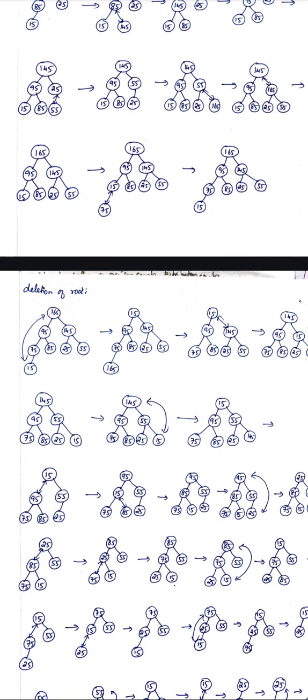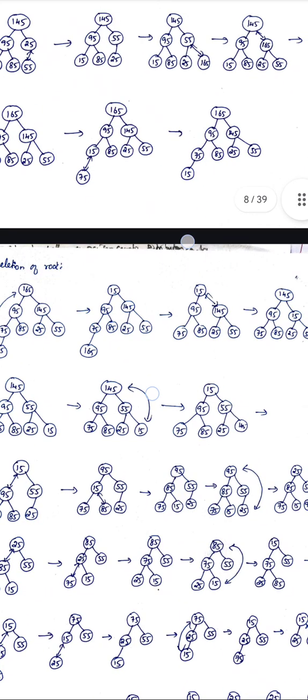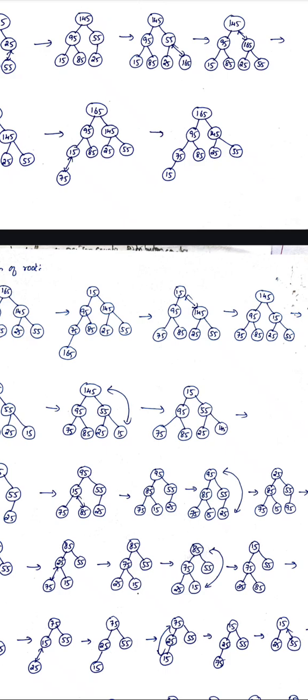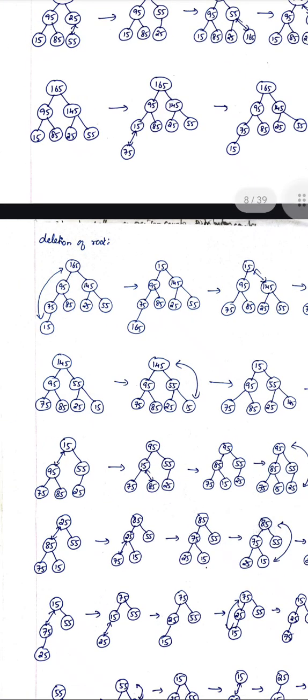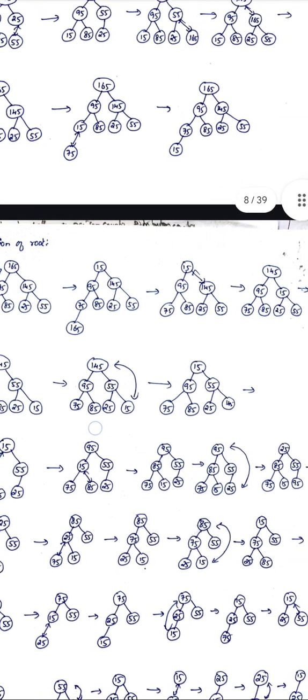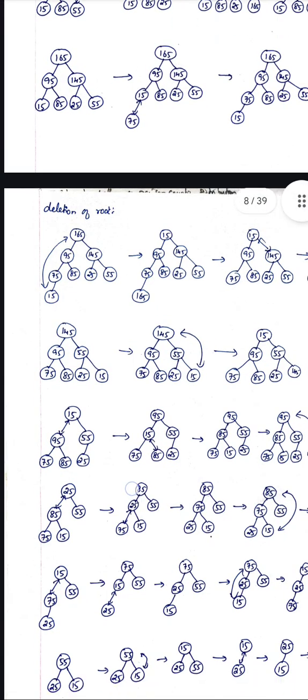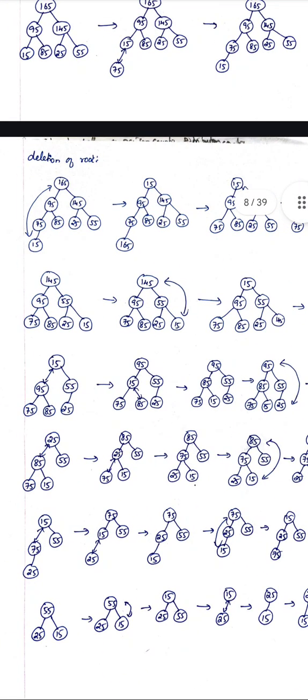Then root deletion. What we do is swap the leaf node and the root node. Then for this we have to do swappings. First we have to look for the greatest element, that is 145, which should come up, so we consider that first, and then 15, 25 and 55 are considered. 55 is greater, so 55 is made up, and then 15 is there.